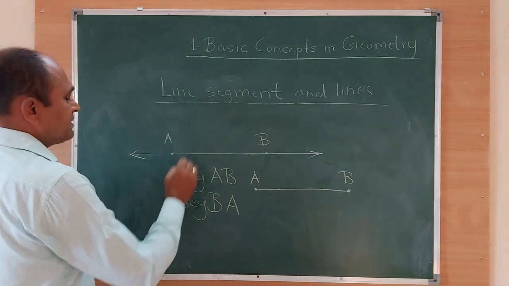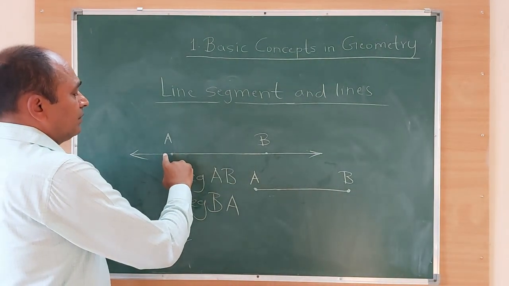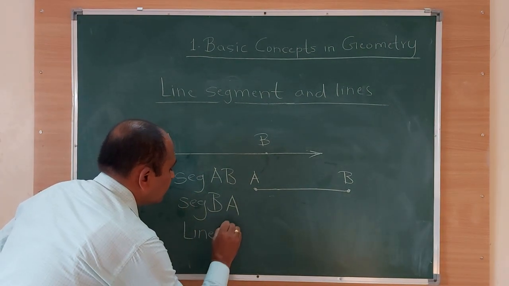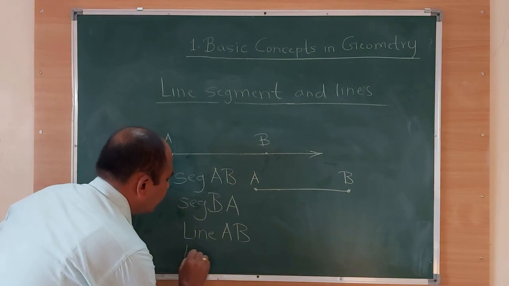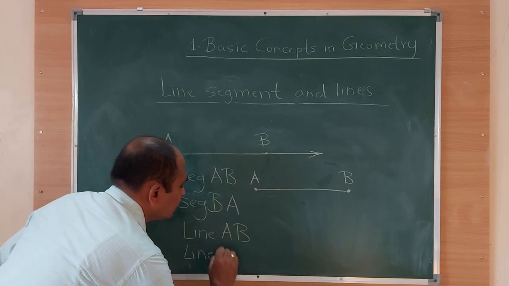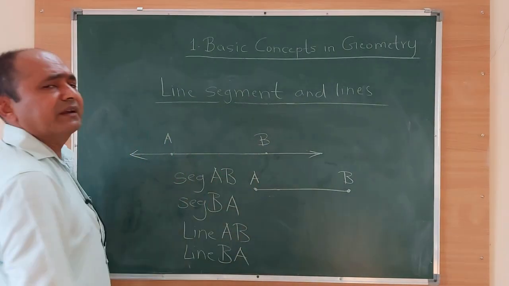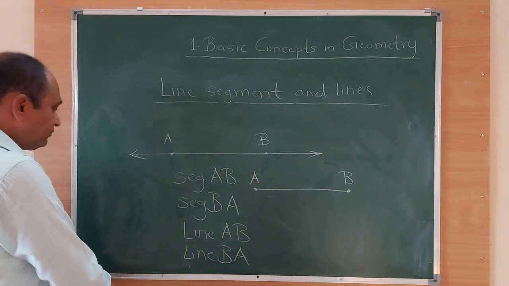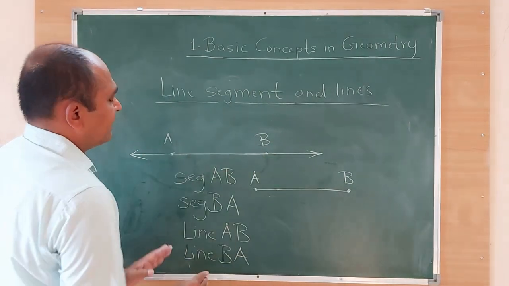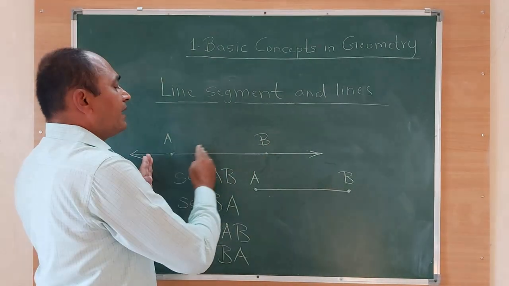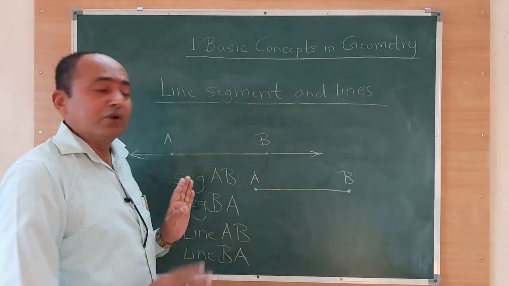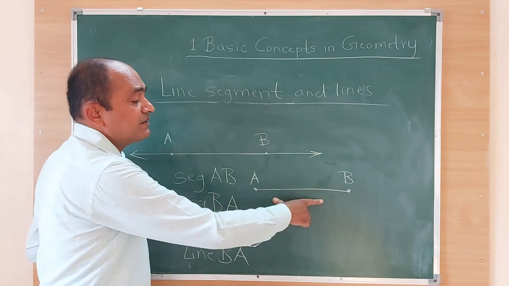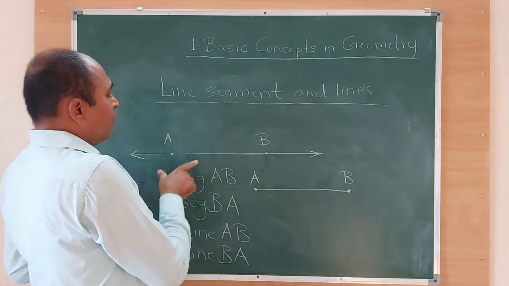I can name this line by these 2 points which are on the line, line AB, or I can also name it as line BA. Any point I can take either way. So this is a segment and this is a line. Line extends limitlessly on both the sides, whereas segment has 2 endpoints. Segment has 2 endpoints.